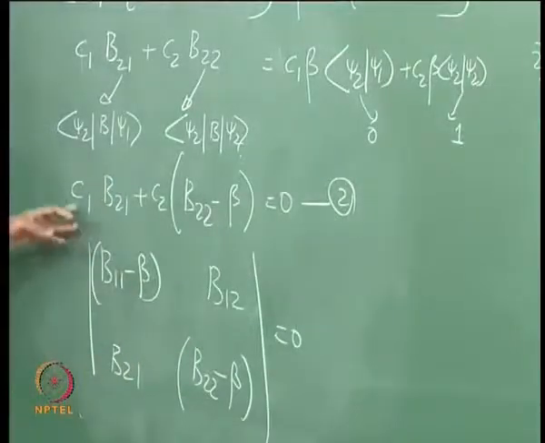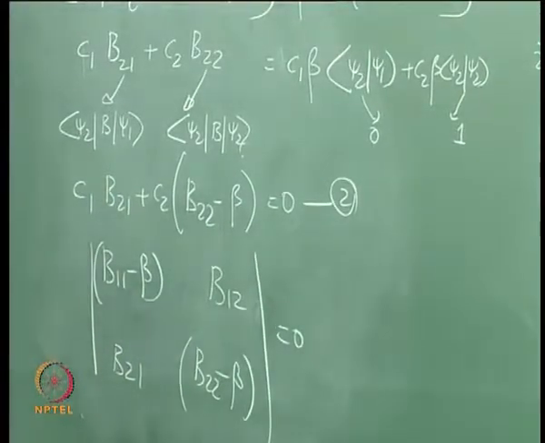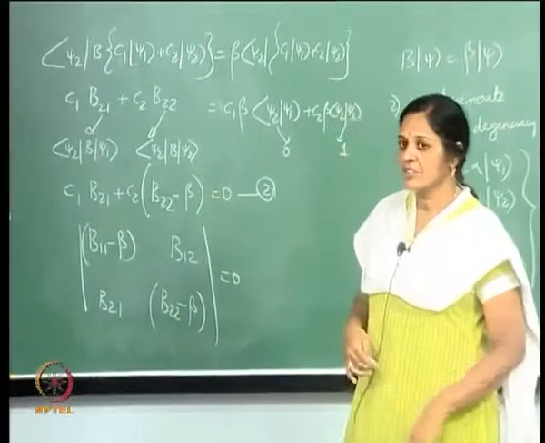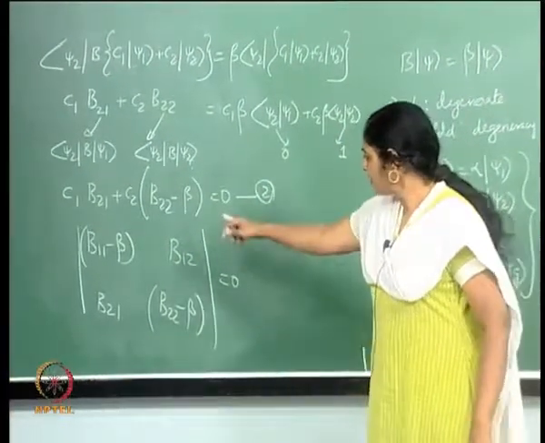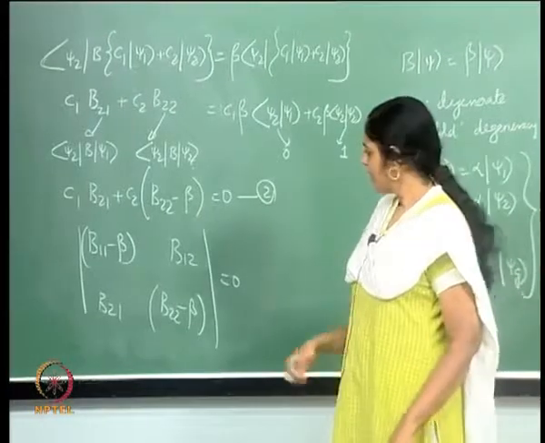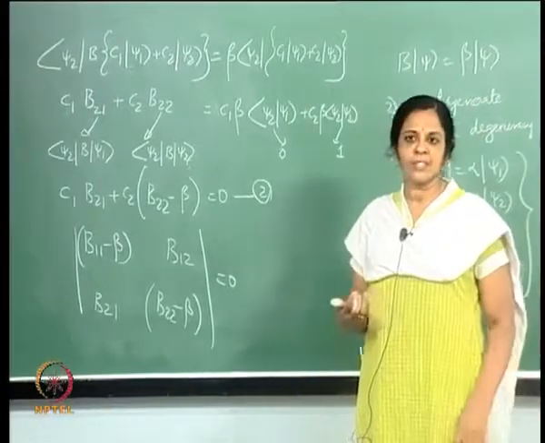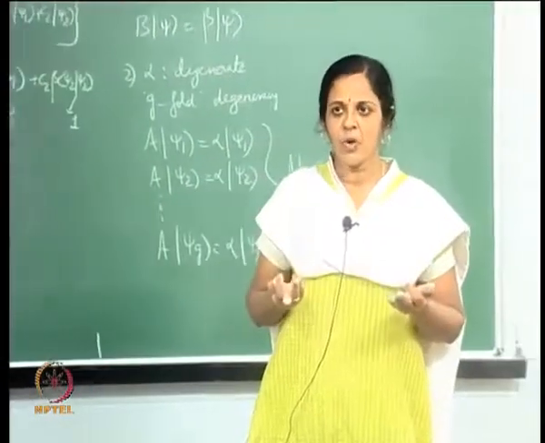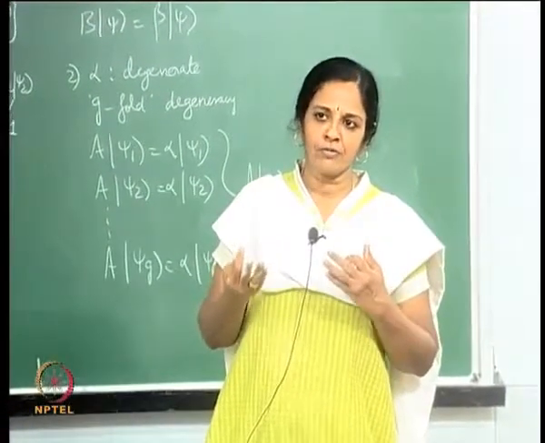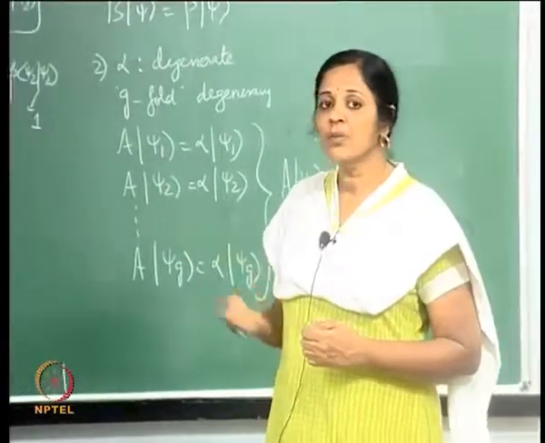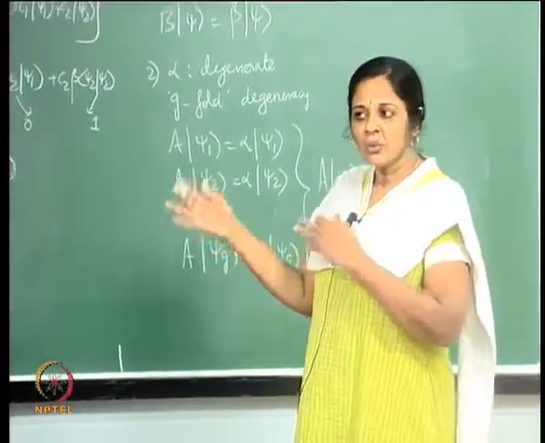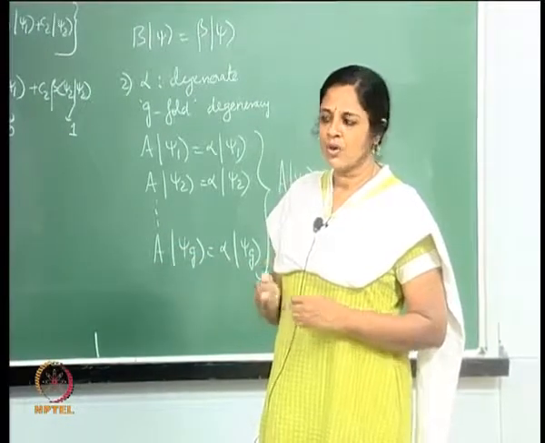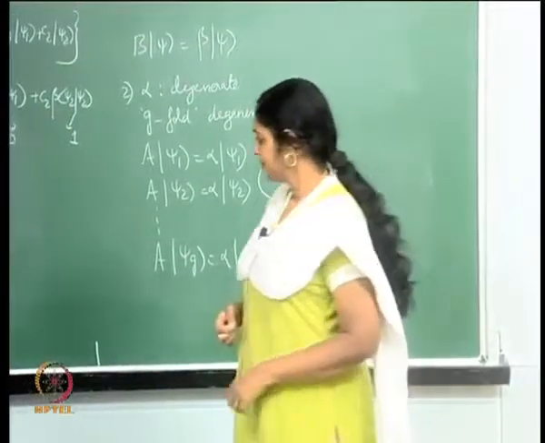This determinant should be 0 because I have two homogeneous equations in C1 and C2, and in order to have a solution I need to have this determinant equal to 0. That is going to place conditions on beta, and the beta is the eigenvalue corresponding to the eigenvector of B, and therefore, that should tell me what the values of beta are. In other words, I have reduced this to finding out the possible values of beta.